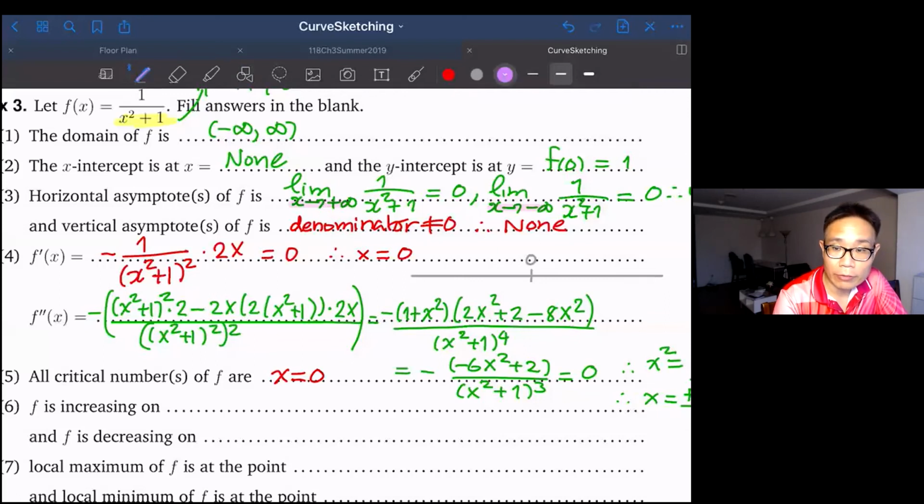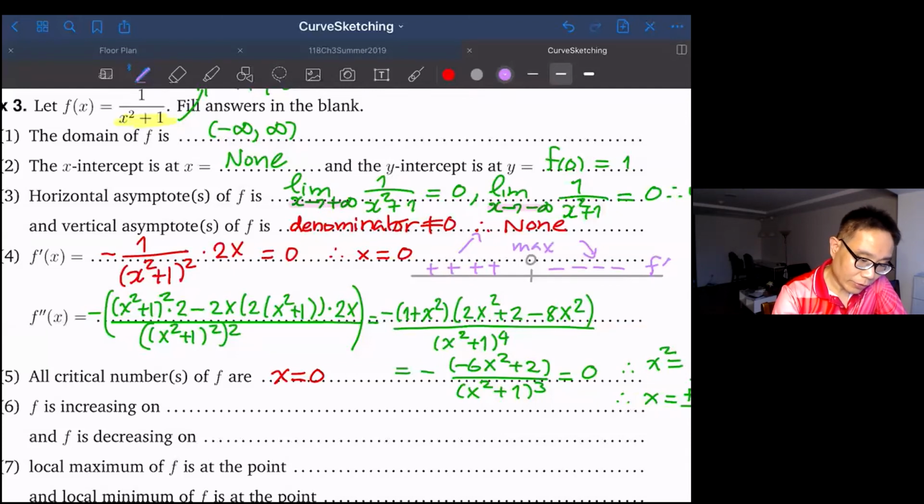Okay, so you have the sign for f prime, and it's gonna be positive when x is less than 0, and it becomes negative when x is more than 0. Okay, so it's going to be increasing and decreasing, and in this case it's going to be maximum.